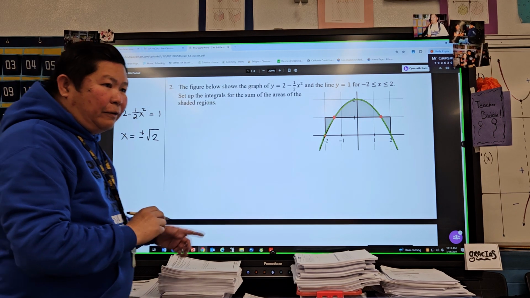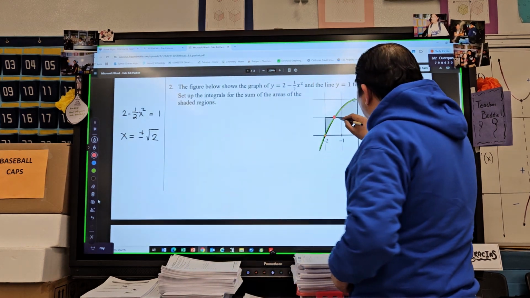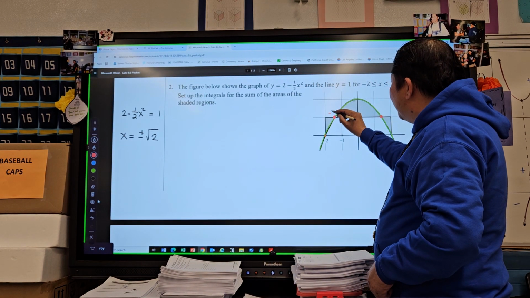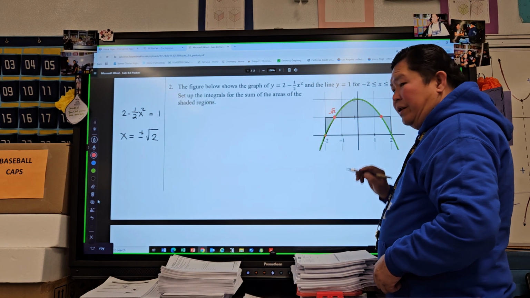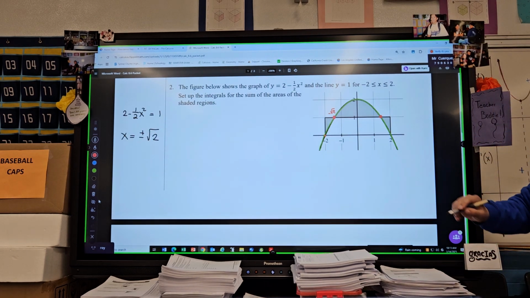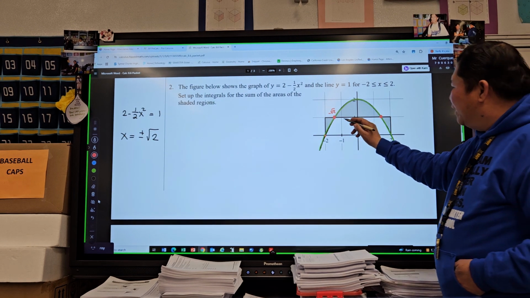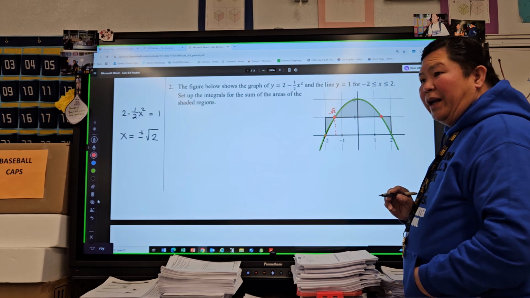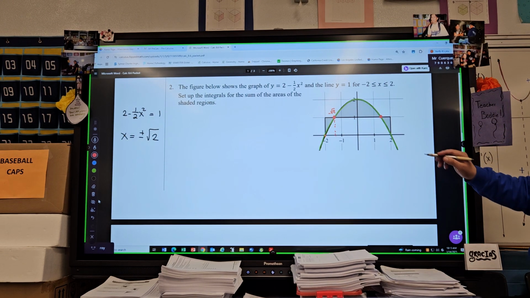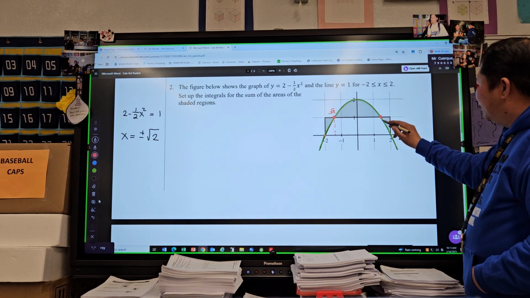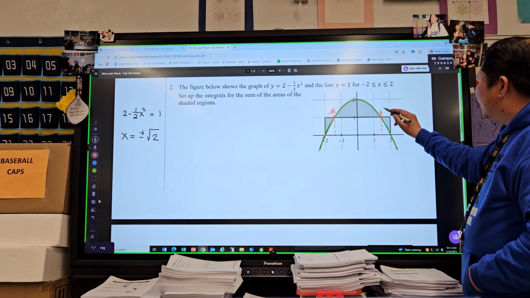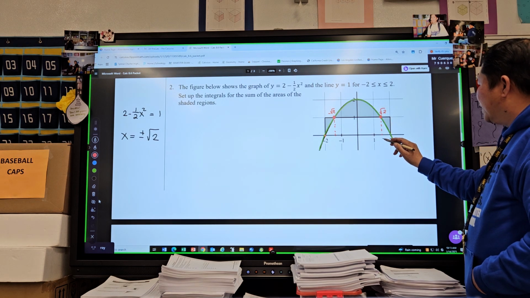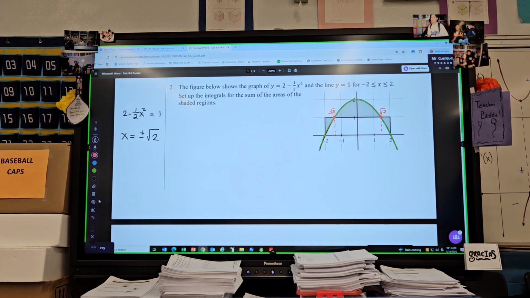Okay, therefore, this is negative square root of 2. Get me? And this one, meaning this right here, negative square root of 2. And the other one is square root of 2, positive. So this is positive square root of 2.